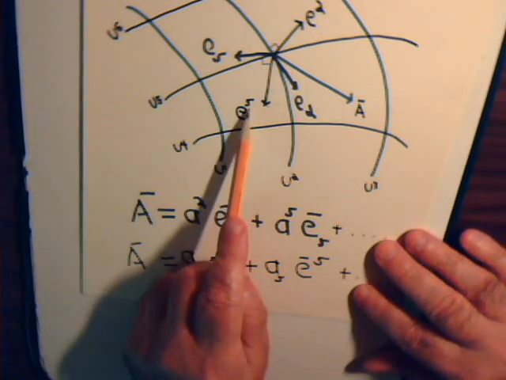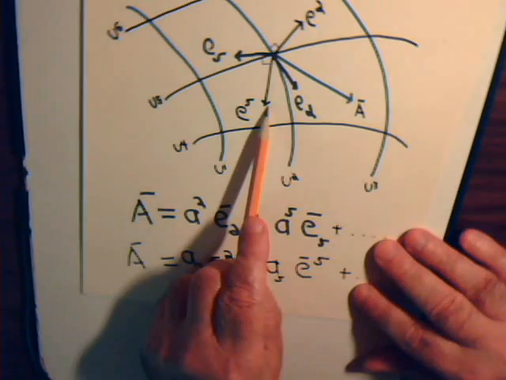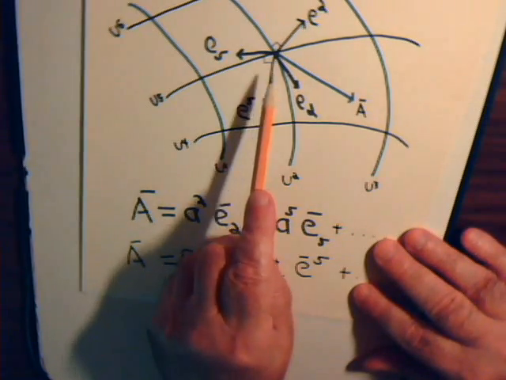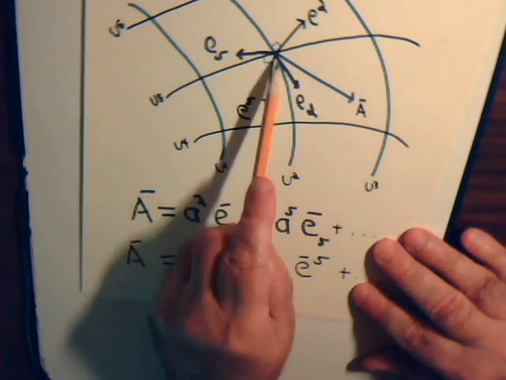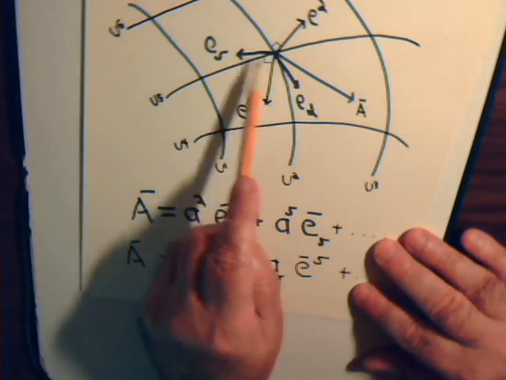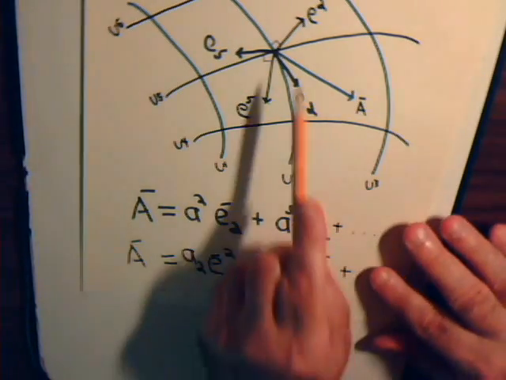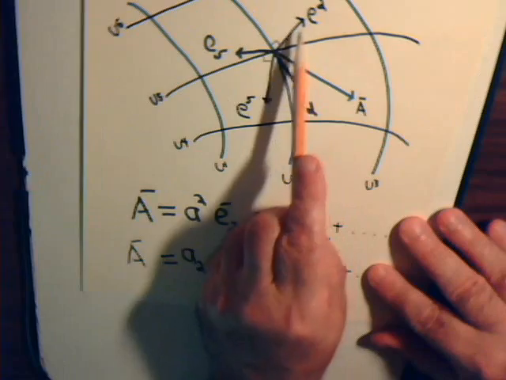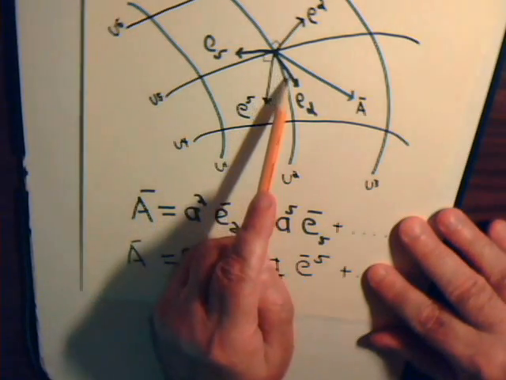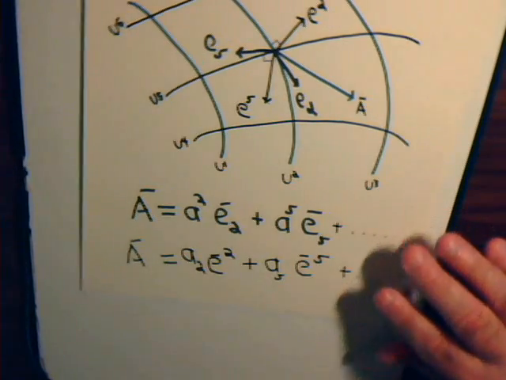Labeled uppercase, so that this is orthogonal to the u5 axis at this point, or orthogonal to that tangential vector. Likewise, this would be orthogonal to the E2 tangential vector.